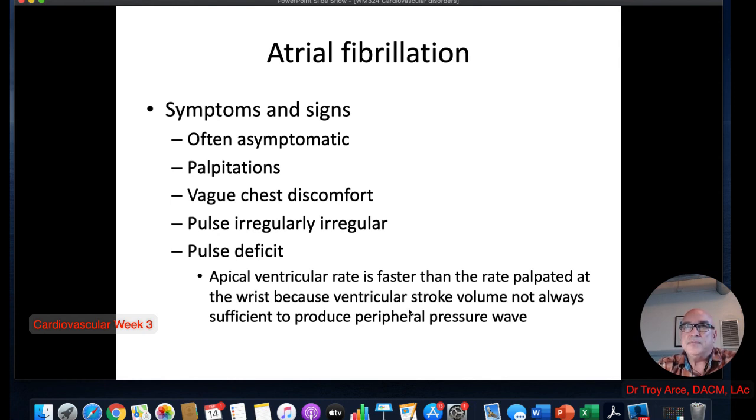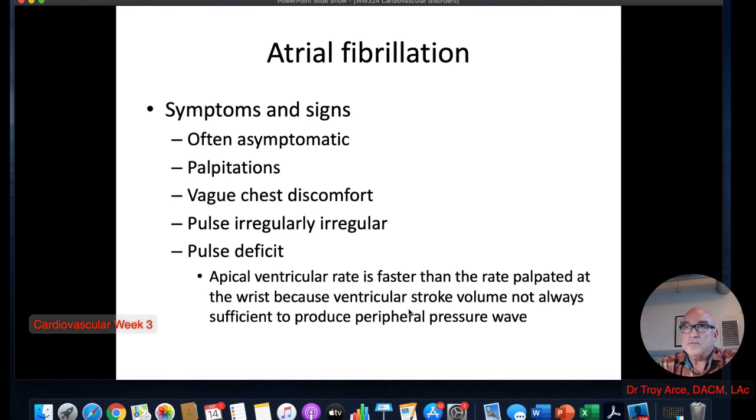The apical ventricular rate is faster than the rate palpated at the wrist, and we palpate at the wrist, right? Maybe you should check it in a few places. You could check for the carotid pulse, because the stroke volume is not always sufficient to produce the peripheral pressure wave.